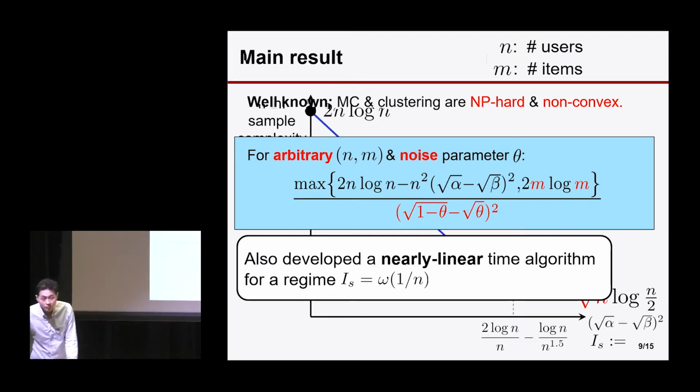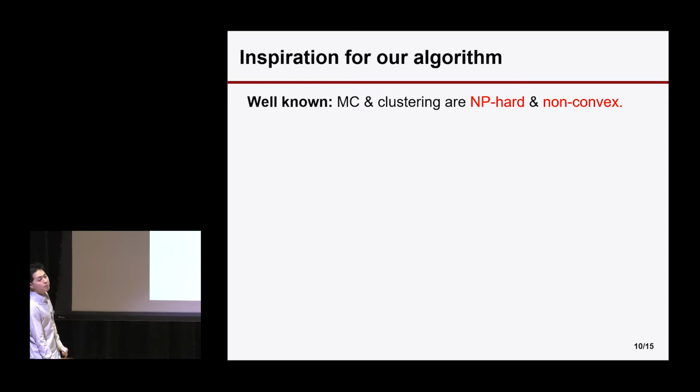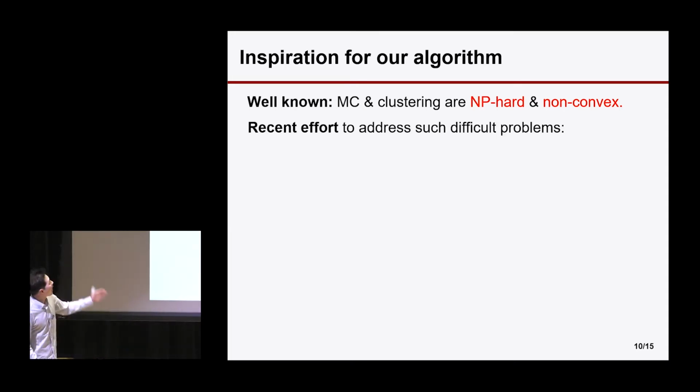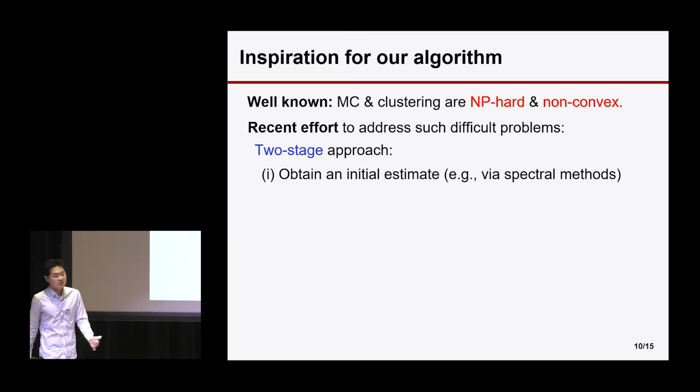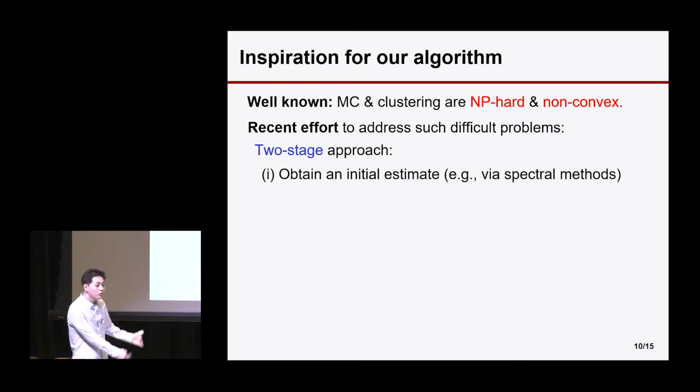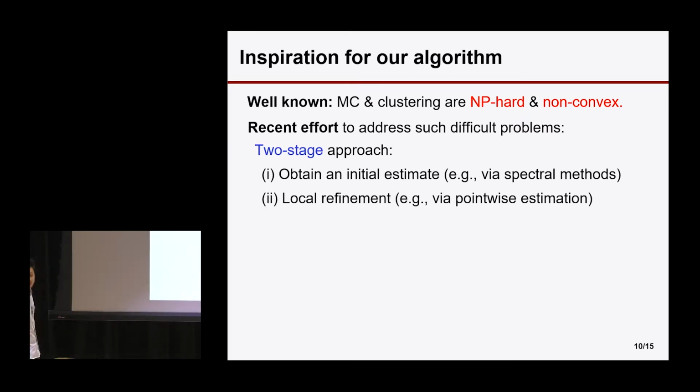Okay, let's move on. Our algorithm is actually inspired by a recent development that I'm going to tell you about soon. In fact, matrix completion and clustering are NP-hard problems and highly non-convex. So this is a very hard problem in general, of course. However, a recent effort has been made to address this challenging problem. That is to take a two-stage approach, where we first obtain an initial estimate using some reasonably good performing algorithm like a spectral method, and then we do local refinement in the next stage.